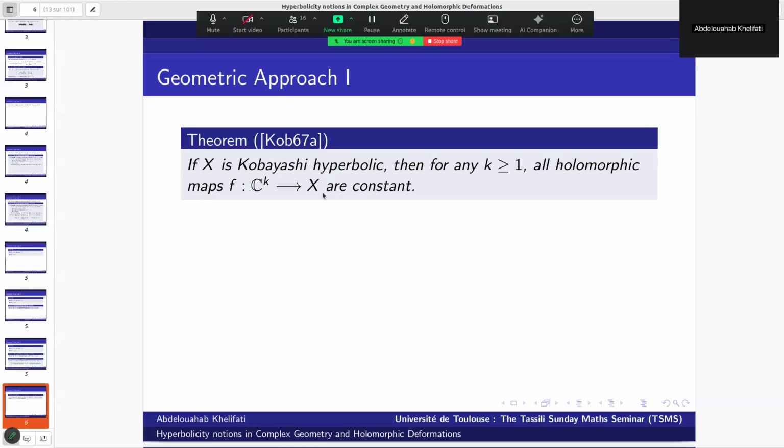In particular also for k equal to 1, which is a very interesting case that we will see later. This can be proved just using the fact that the Kobayashi pseudo distance on C^k is identically 0, and the fact, as I said before, that holomorphic maps to Kobayashi hyperbolic manifolds are distance decreasing.